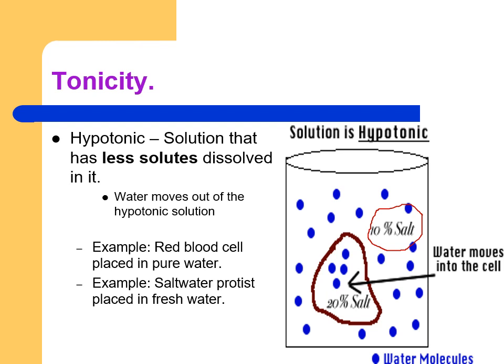You can't expose your cells to that without damage. So that's like if you took a saltwater protist, which is a little organism like an amoeba, or you could even think of it as a saltwater fish. If you took a saltwater fish and you placed it in fresh water, then your fish would die very, very quickly. And what you're doing internally to your fish is popping their cells.